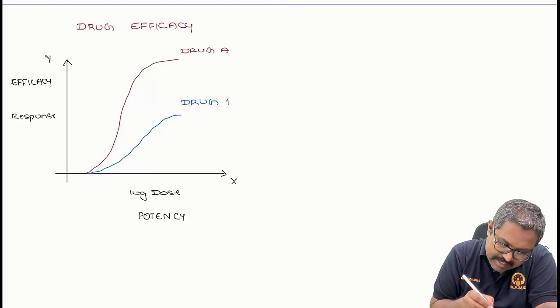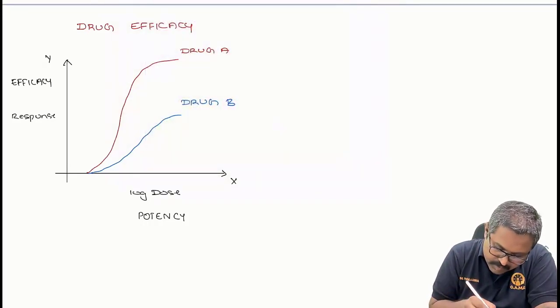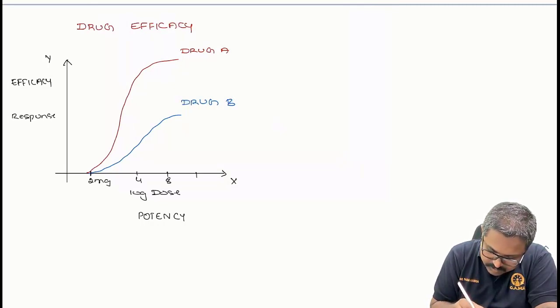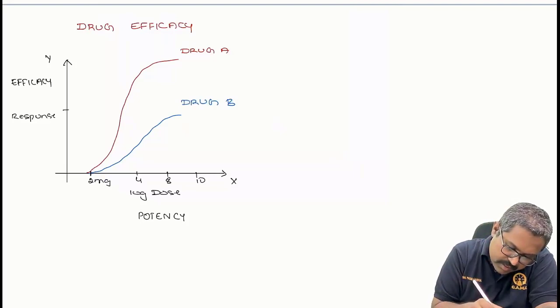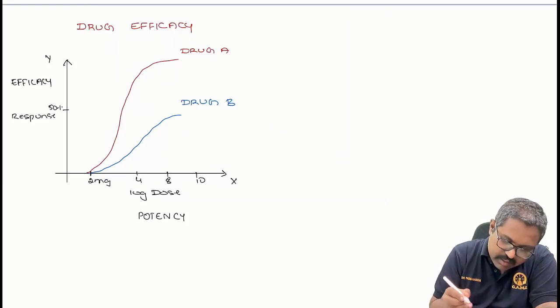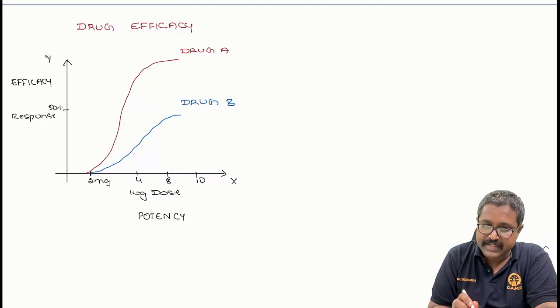So let us say this is your 2 milligrams, 4, 8, 10, and this is your 50% of the response.